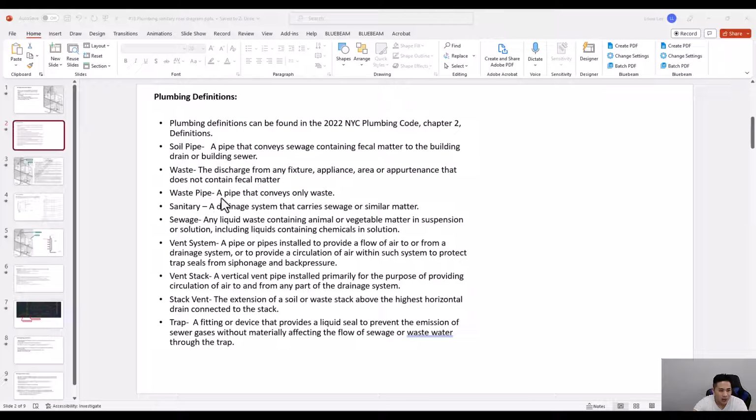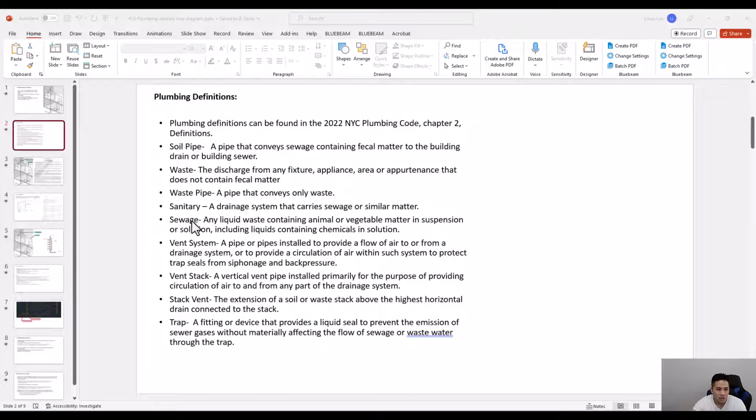Waste pipe is just a pipe that conveys only waste. Sanitary: a drainage system that carries sewage or similar matter. So what is sewage? Sewage is any liquid waste containing animal or vegetable matter in suspension or solution, including liquids containing chemicals in solution.